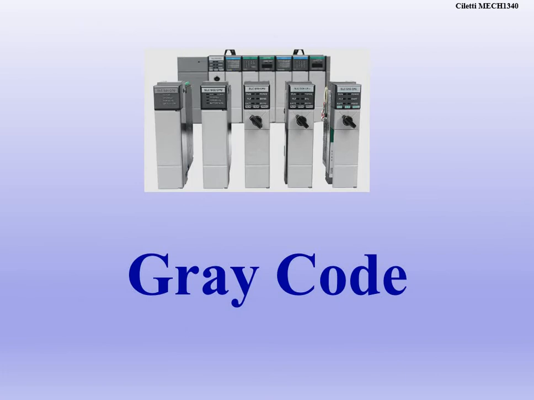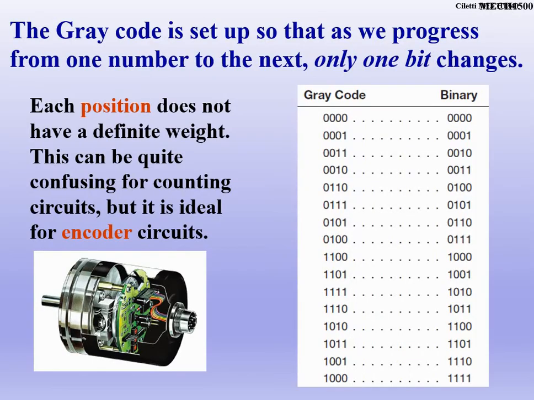All right, next up is the gray code. What's the gray code for? It's more for encoder circuits and things like that, because the gray code is a little bit different. It's not like we're counting in binary. It's about one bit changing at a time. Your hard drives, DVDs, and CDs do this.